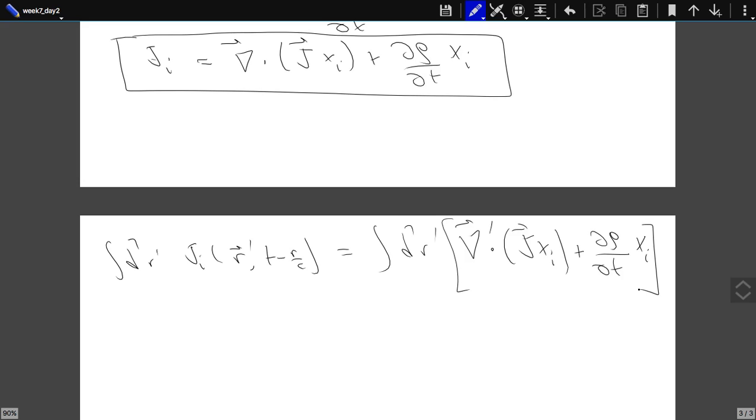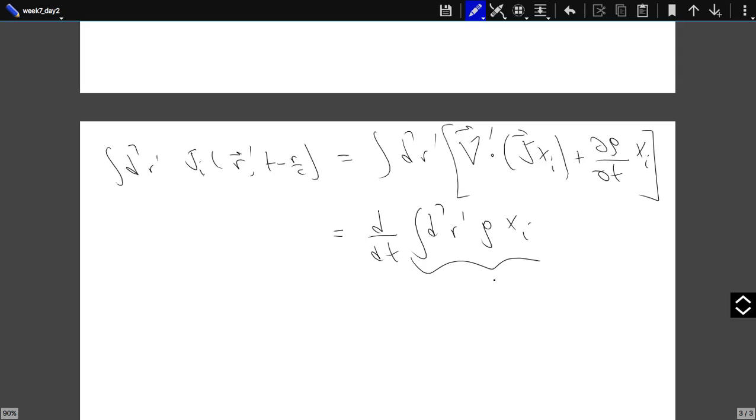So the first integral is 0, but I still have the second integral. And the second integral, I can take the time derivative out of the integral, r prime rho xi, but this is nothing but p, the electric dipole moment.